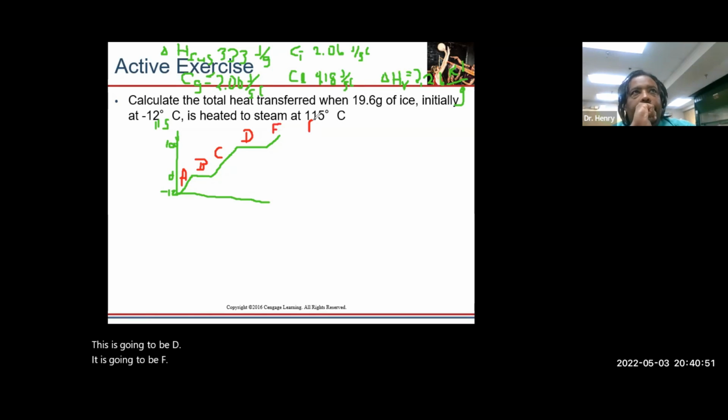Okay, so for A, that's going to be dictated by Q equals M C ice delta T. Okay, so let's go ahead and plug that in. M is going to be 19.6.